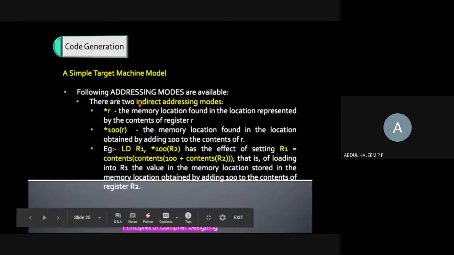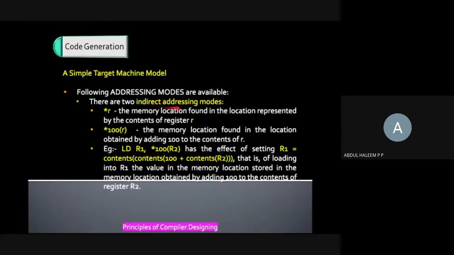Then we have two indirect addressing modes, *R and *100(R). Here, R will be taken first. What is R? R is one of the n GPRs. There are n general purpose registers.